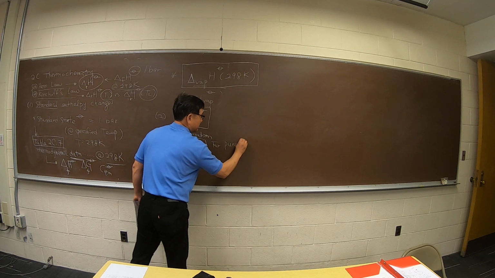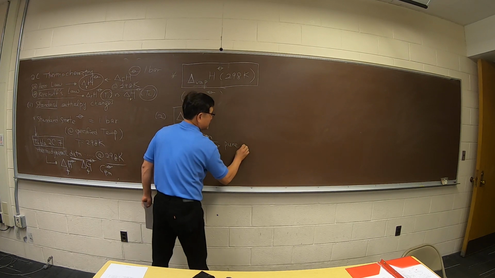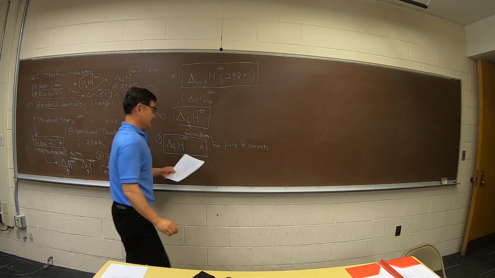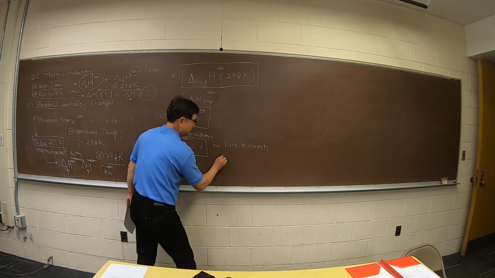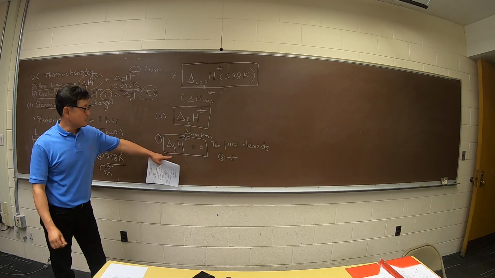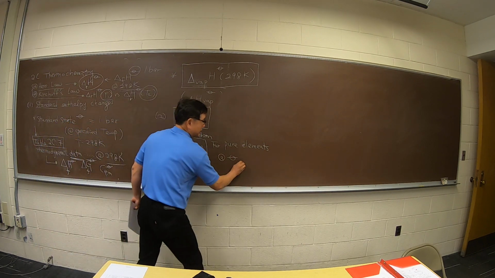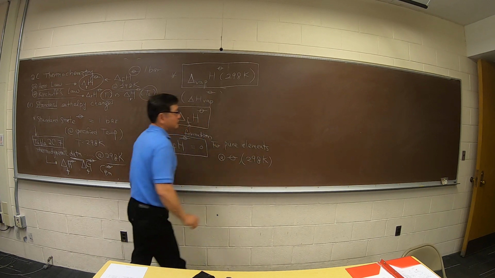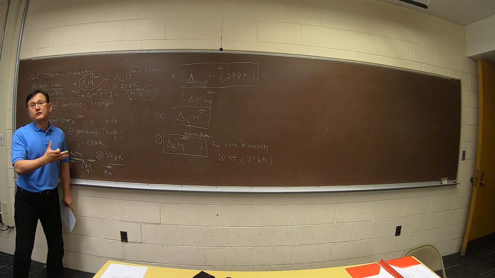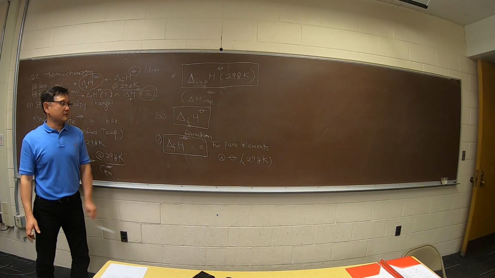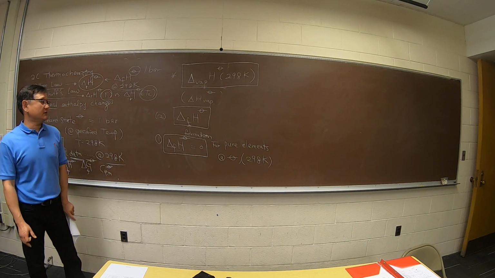for pure elements at this condition, right? And also, if somebody says it, typically they imply room temperature. This has to be given, but if I look at the table, the temperature has already been specified.